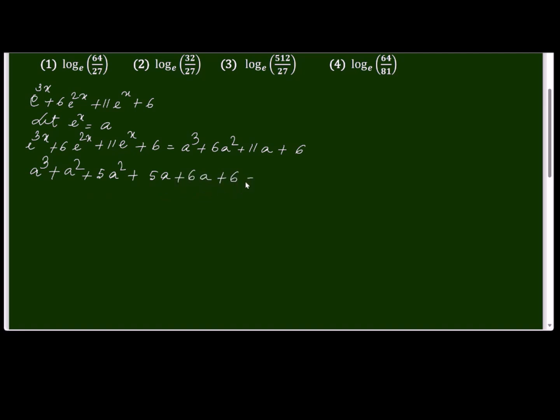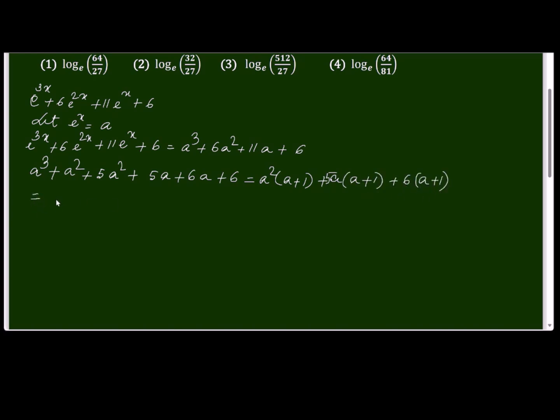So this equals a square taking common (a plus 1), plus 5a taking common (a plus 1), and 6 taking common, again it will be (a plus 1).